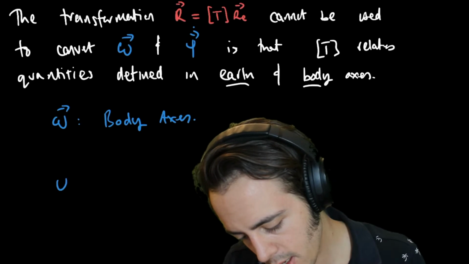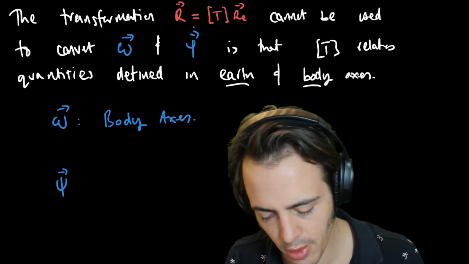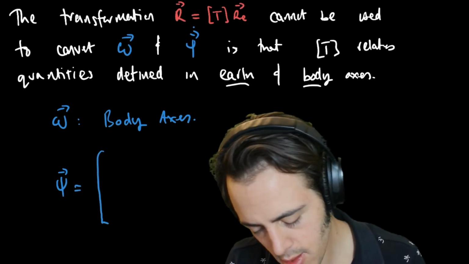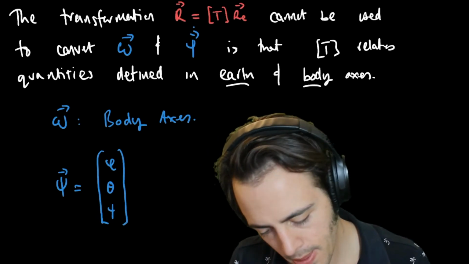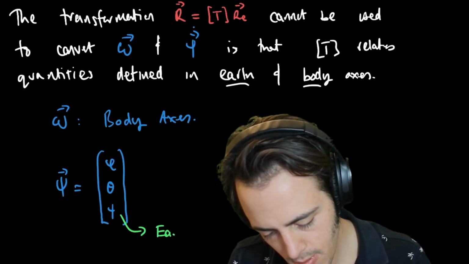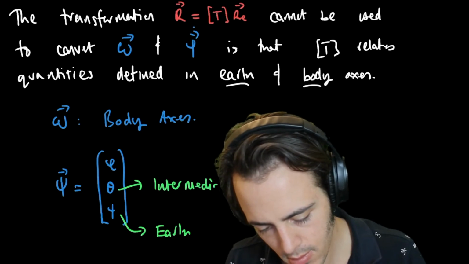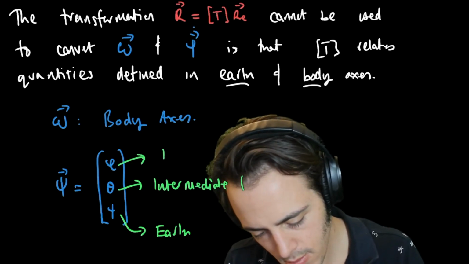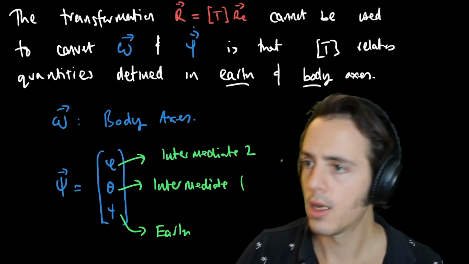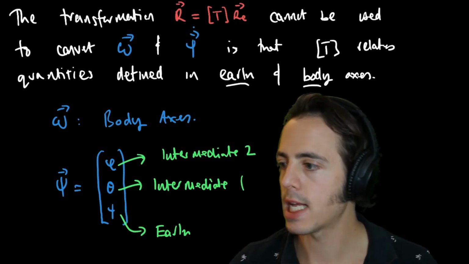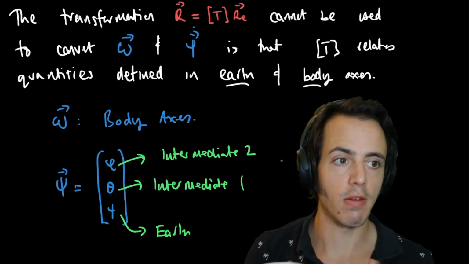So then we've got our Euler vector. Let's not bother with the time rate of change. So again, because they're defined in three different axes sets, we need to come up with a relationship that's going to help us convert between the three of them.